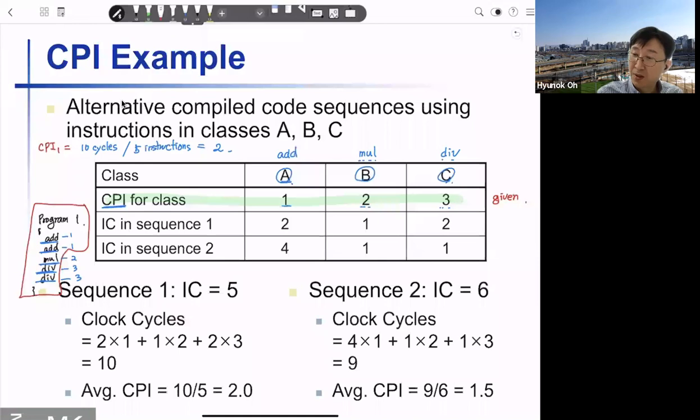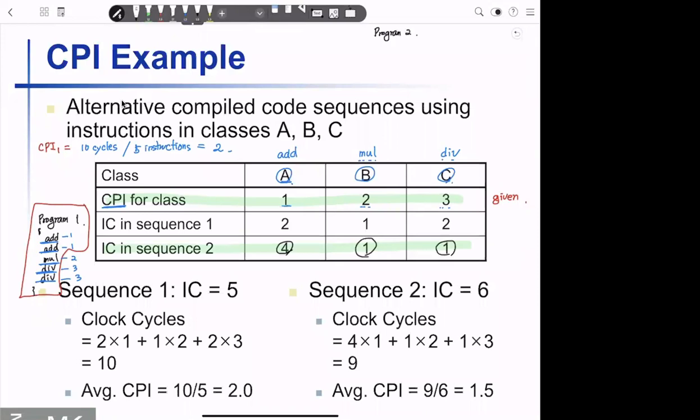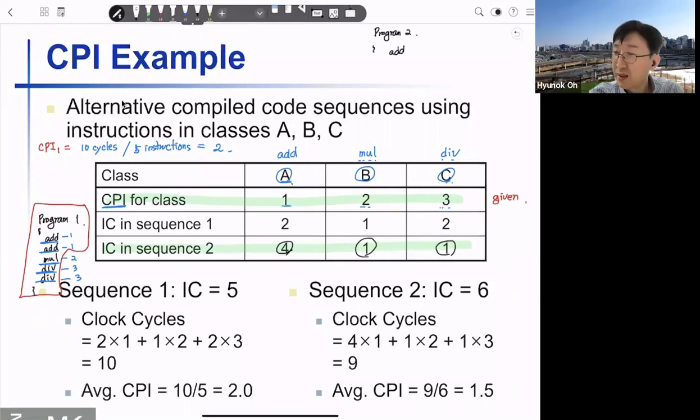So let's look at the second case. In this sequence, there are 4 add, a single multiplication, and a single division. So we are looking at the second program. Then what are the total cycles?